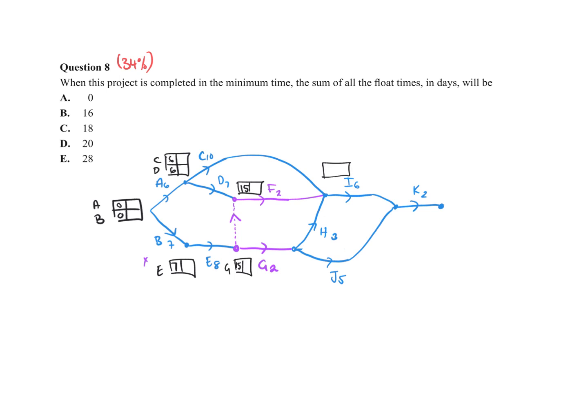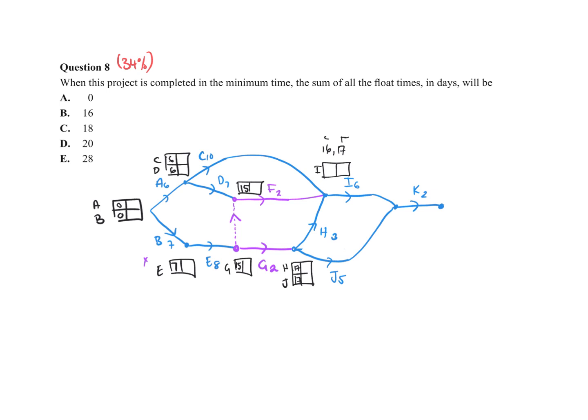If I look at I, if I go along the C path, it would be 16. If I go along the F path, it would be 17. So this is along C, this is along F, and I could go along H, so I need to work that out. So H and J, 15 plus 2 is 17.